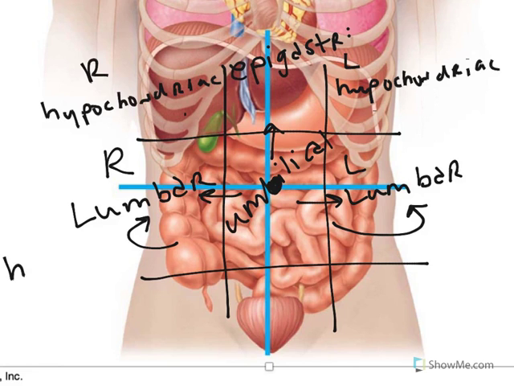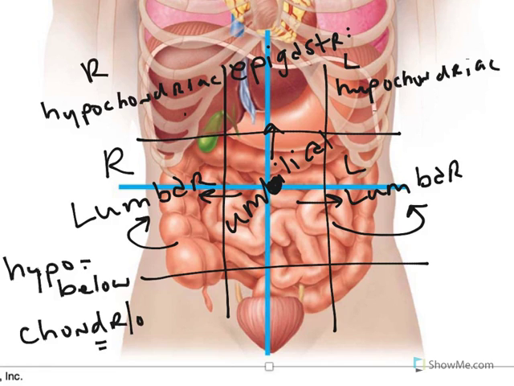And so the prefix hypo, as you may remember, means below. And the root word chondro refers to these structures right here. Now you might think these are ribs, but this is actually cartilage. So chondro means cartilage. So hypochondriac refers to these two regions.